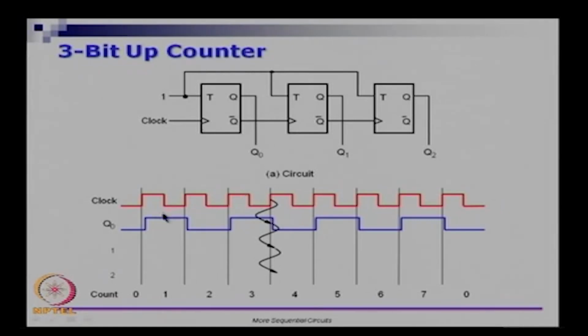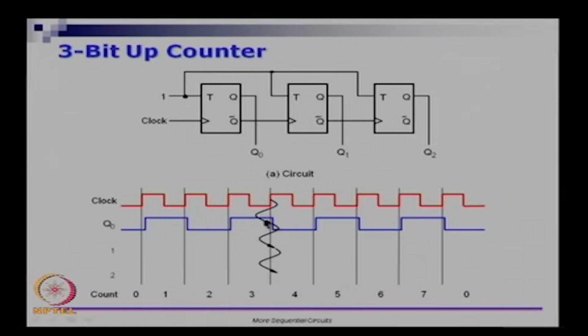So you go and look at Q0 bar, so this is Q0, and this Q1 flip flop is actually a positive edge triggered flip flop, but you are feeding Q0 bar to it. Whenever Q0 goes from 1 to 0, that is equivalent to Q0 bar going from 0 to 1, which is what you are feeding to Q1.